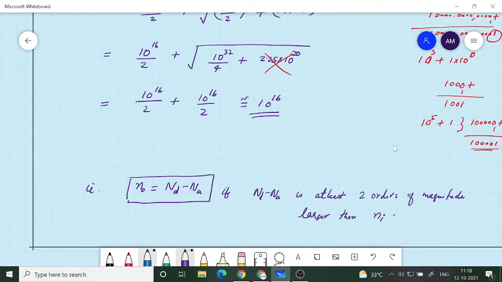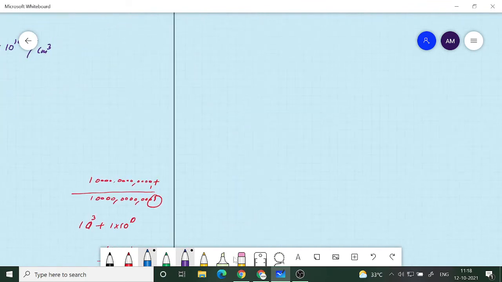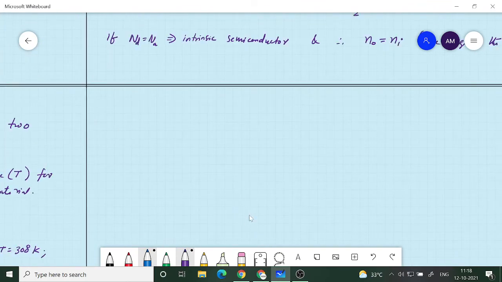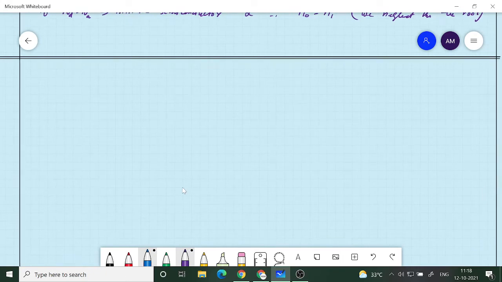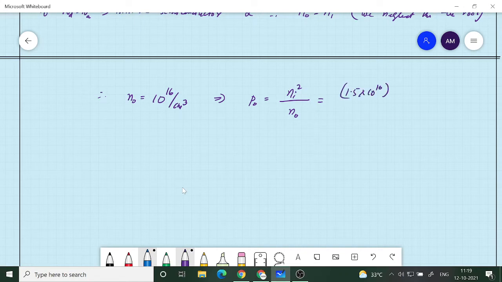So that way you can understand that your majority carrier concentration, N0, is 10 raised to 16 per centimeter cube. What about P0? P0 is Ni square by N0, so that is 1.5 into 10 raised to 10 whole square by 10 raised to 16, which is 2.25 into 10 raised to 20 by 10 raised to 16.